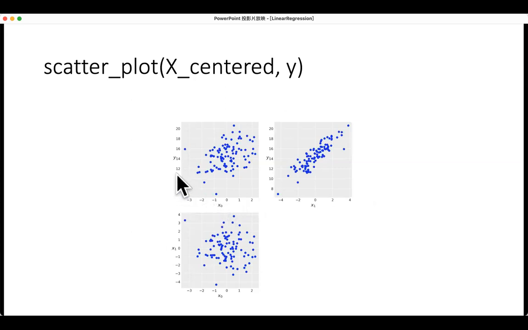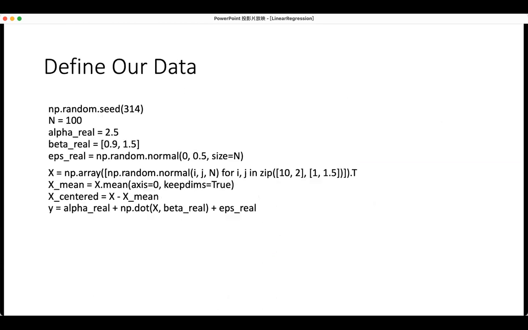X0 and Y looks like this. X1 and Y looks like this. And between X0 and X1, they are pretty much random, right? So this shows you the 100 points that we generate using this piece of code.